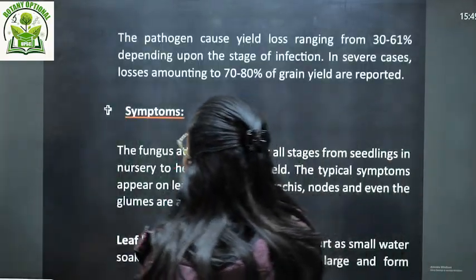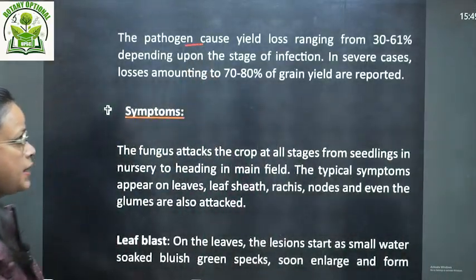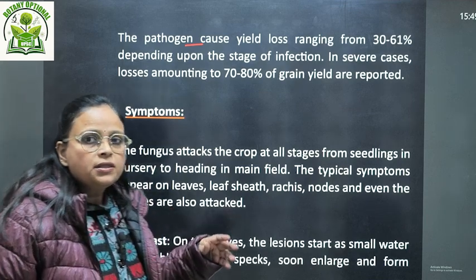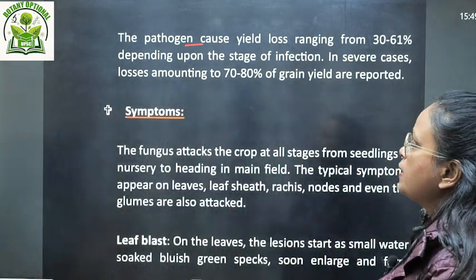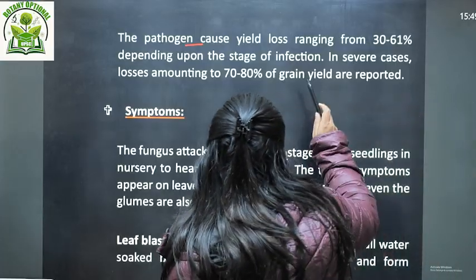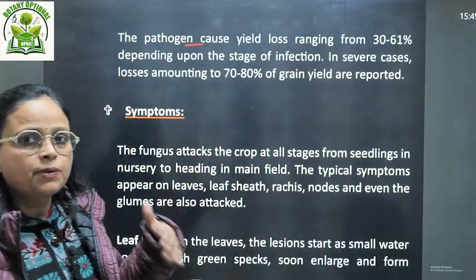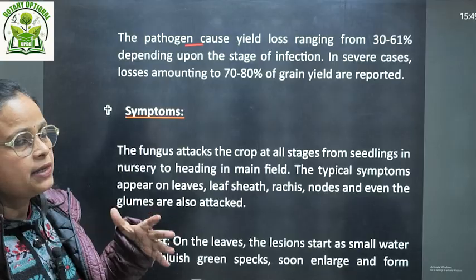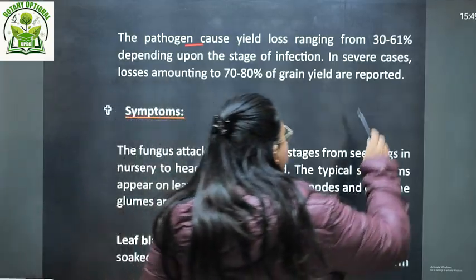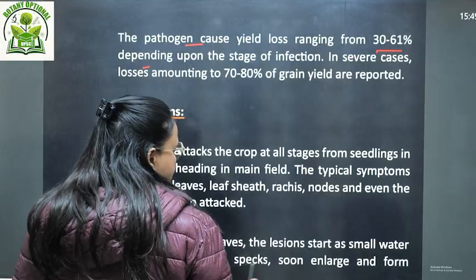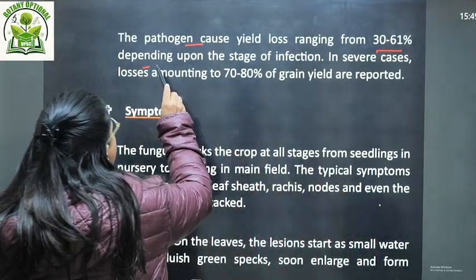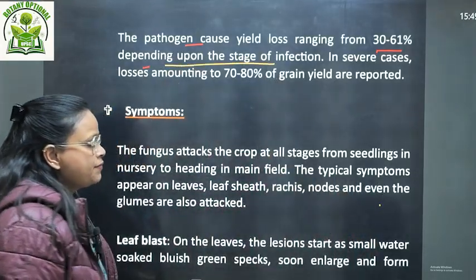Now the pathogen causes yield loss. In this there will be loss of yield, whatever is produced is in a very low range, ranging from 30 to 61%, depending upon the stage of infection.